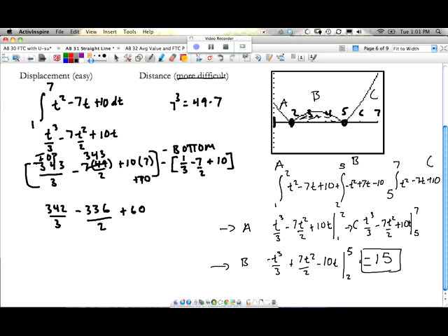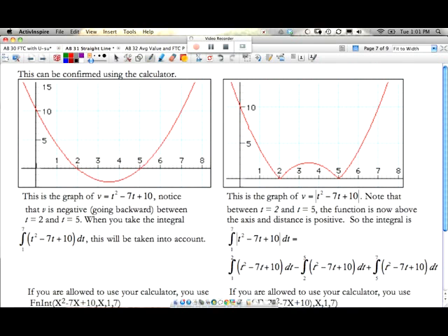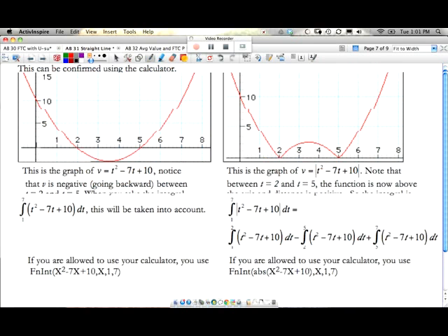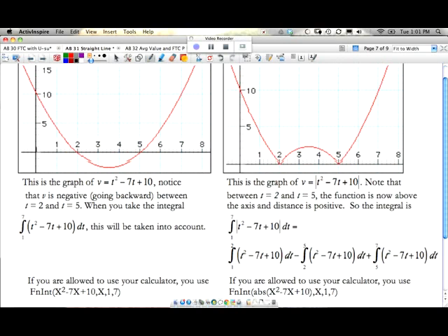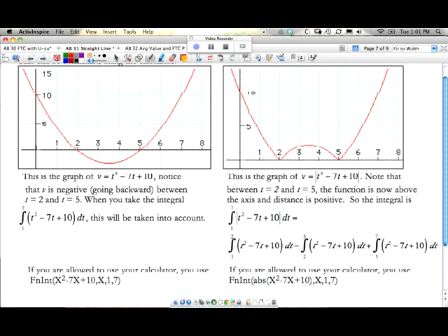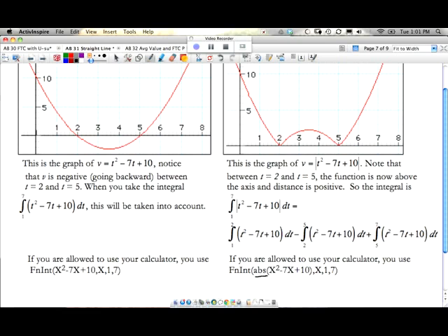Let's look at more of this calculus stuff. So here's the general idea broken down, and you probably saw this, hopefully, on your calculator. Now notice that you can do this without doing it from the graph, but you can just do it straight from any screen if you use the fnInt function, and this is what you would type in. But I definitely prefer using the graph.